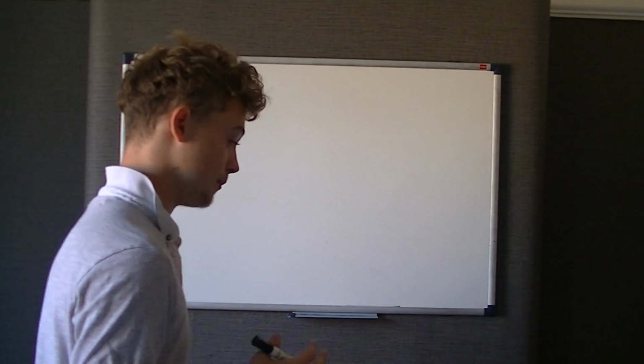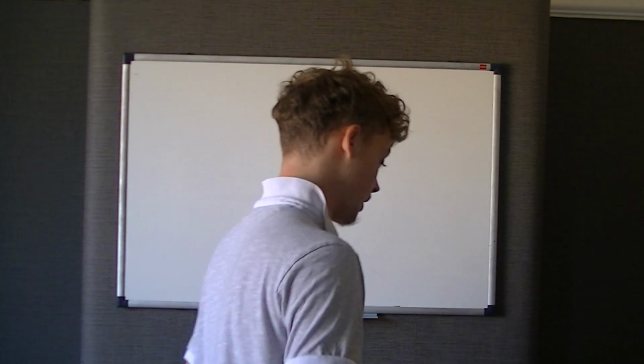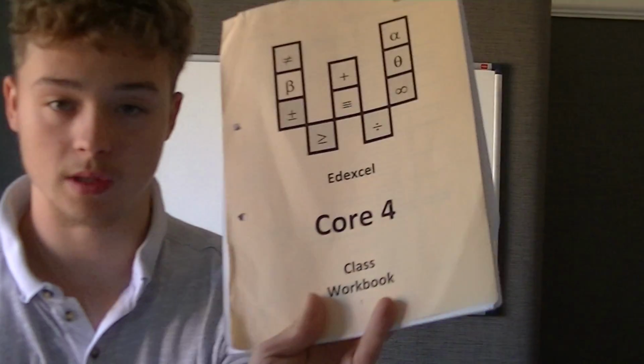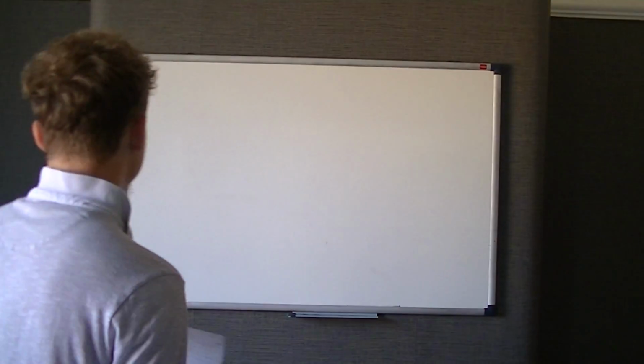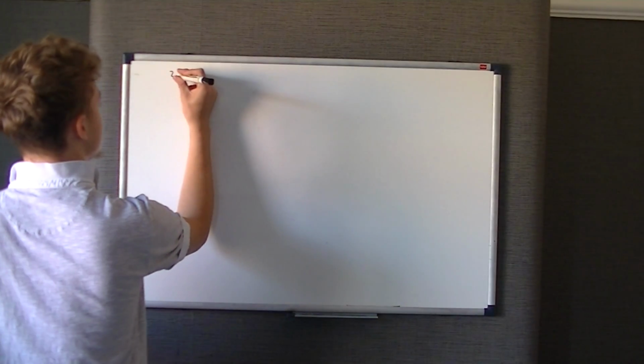If you are using the C4 book that we get given, it looks something like that if you're in my class. If you're not, don't worry about it, that's just some paper I was showing you. This is essentially a little bit more difficult. What we've got on the top is 2x squared plus 17x plus 21, over (x plus 2)(x plus 3)(x take 3).